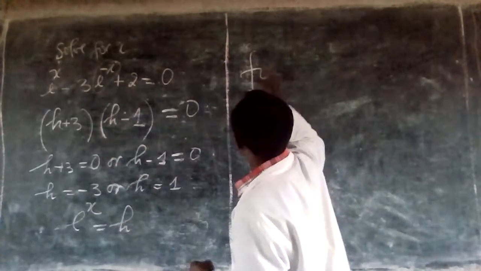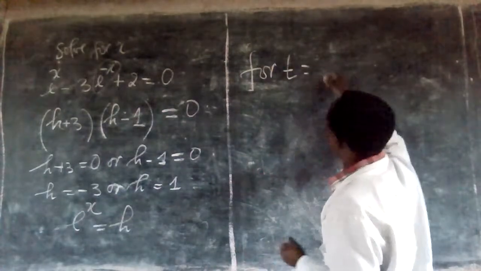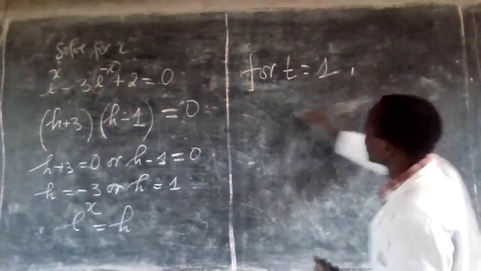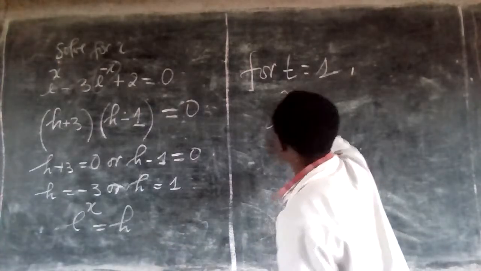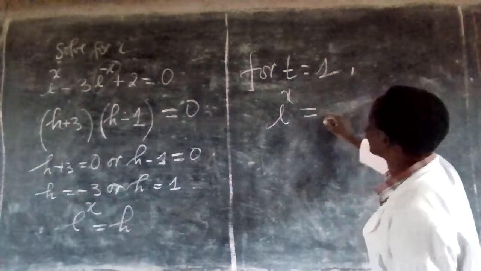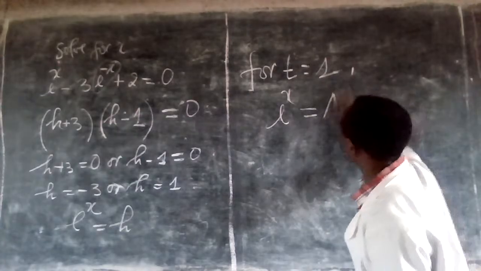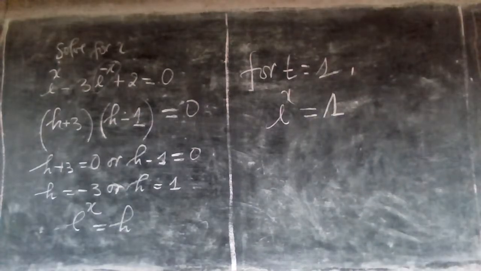Now, for here, t equal to 1, we have it is e power x, which is equal to, yes, 2 to t, it is equal to this one.